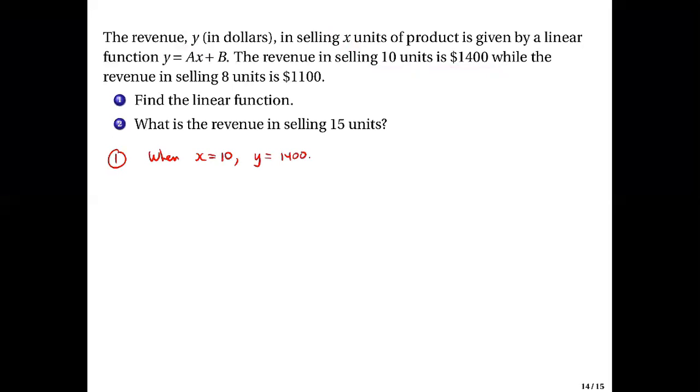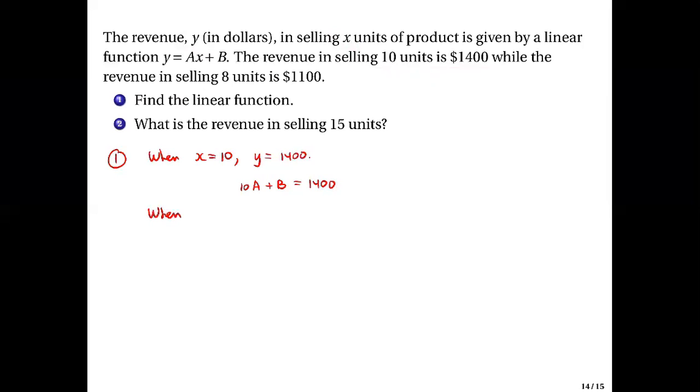So translating this into this equation here, we will have 1,400 equal to A times 10 units plus B. Or let me write it this way. So I'll use the symmetric property. You have A times 10 or 10A plus B. This is equal to 1,400.